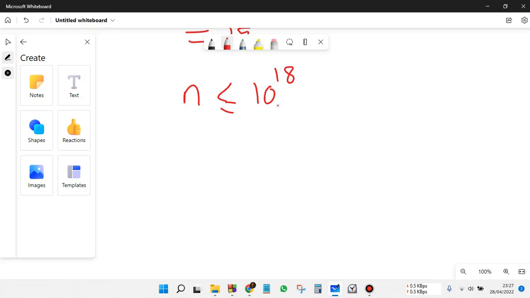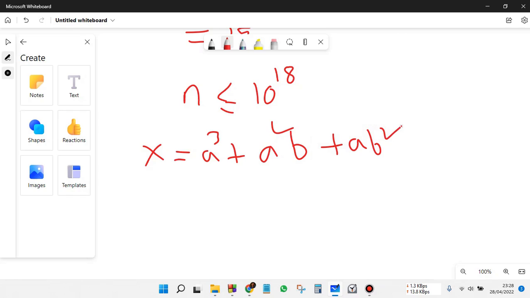Here is one trick. We write the function again: x is equal to a cube plus a squared b plus a b squared plus b cube. The x value always depends on a and b.